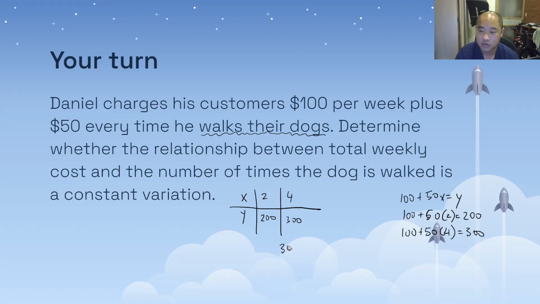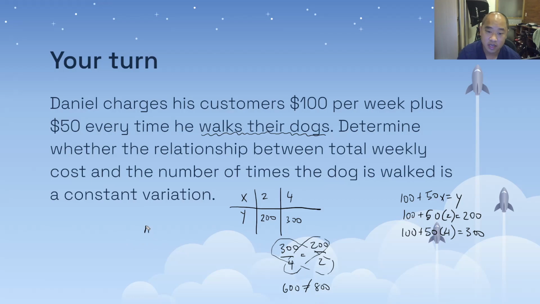So is 300 over 4 equal to 200 over 2? Well, one way that we can check is with the butterfly method. Remember this? Where you multiply these numbers and you multiply these numbers and see if they're equal to each other. Well, 2 times 300 is 600, and 4 times 200 is 800, and they're not equal to each other.